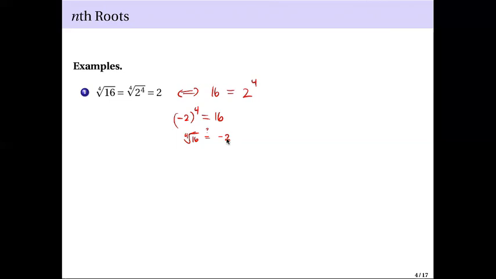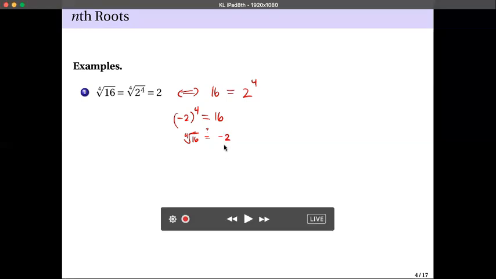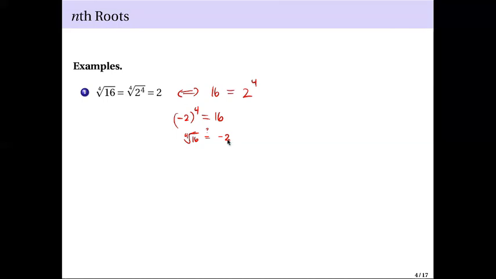Are we good? In fact, this is not the principal square root or the principal fourth root. The principal fourth root would be equal to 2 and not equal to negative 2.